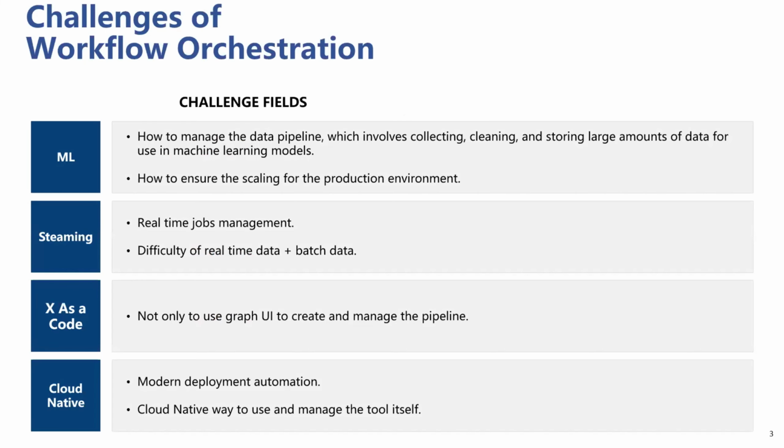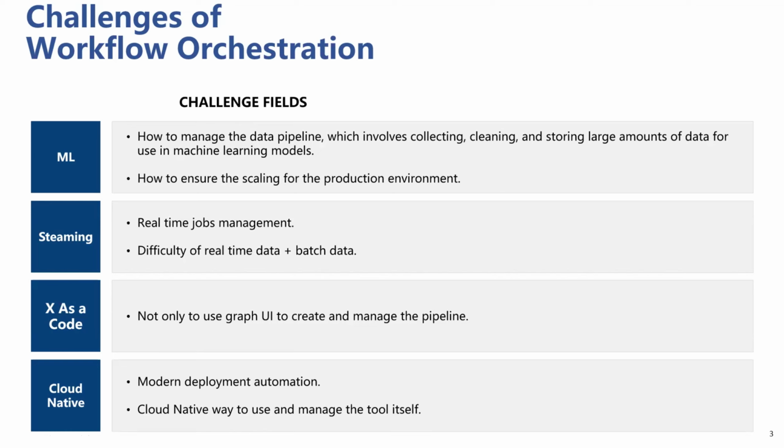At the very first, we have four main categories of challenges in workflow orchestration. The first is the machine learning field: how to manage the data pipeline. MLOps is an end-to-end process which includes data collecting, cleaning, large-scale data storing, and also prediction and training.